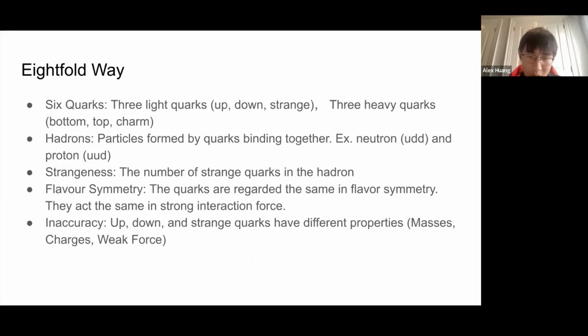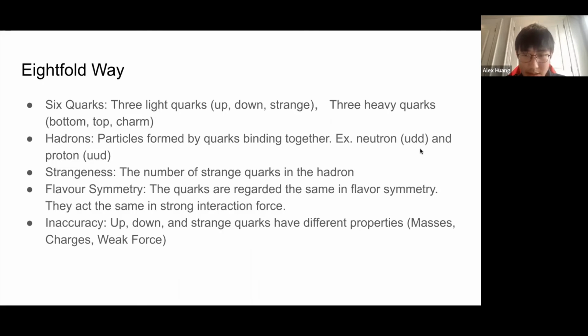Those are called strange particles. And through that, they created a quantity, strangeness, that's a conservation law in their creation and in their decay. And after that, they found that the strangeness corresponds to the number of strange quarks in the hadron. And the fourth one is the flavor symmetry.